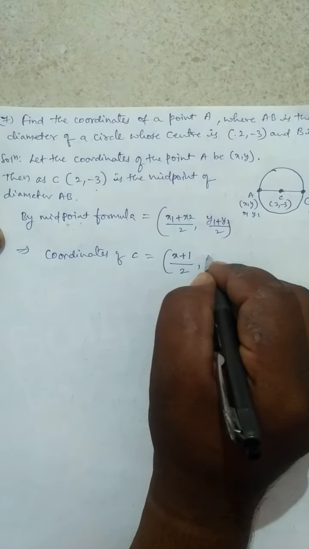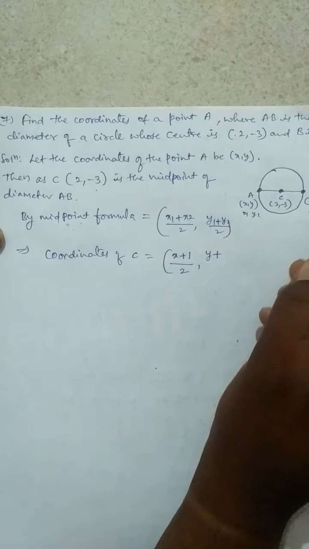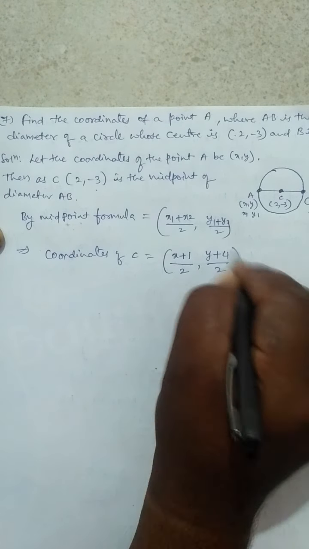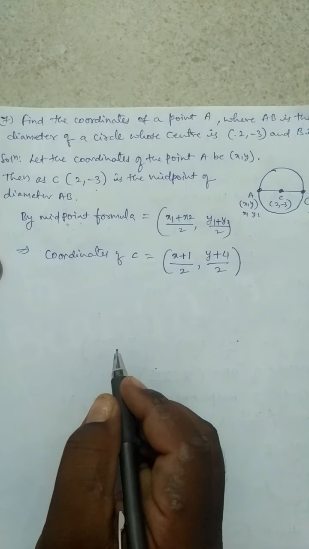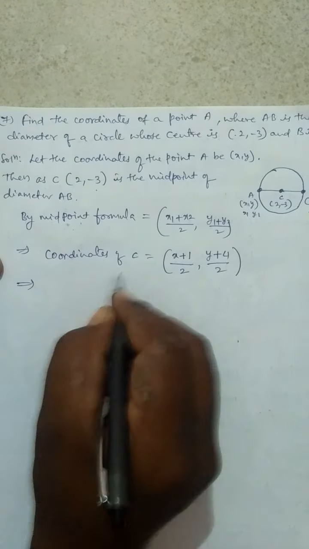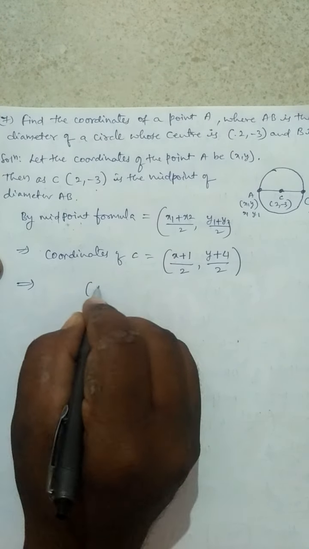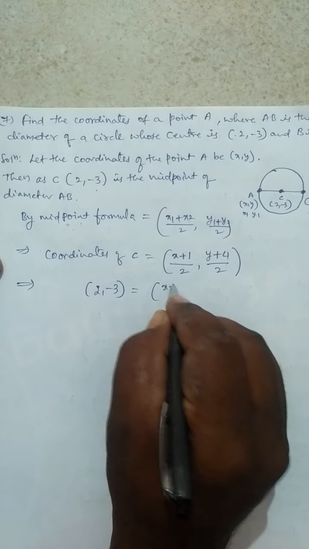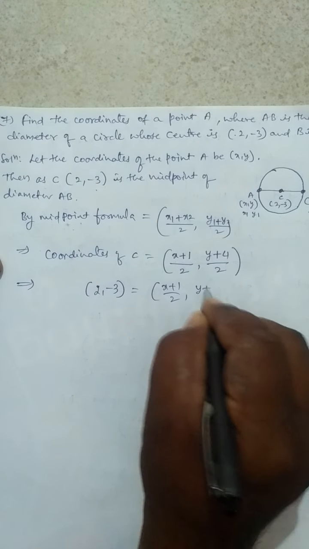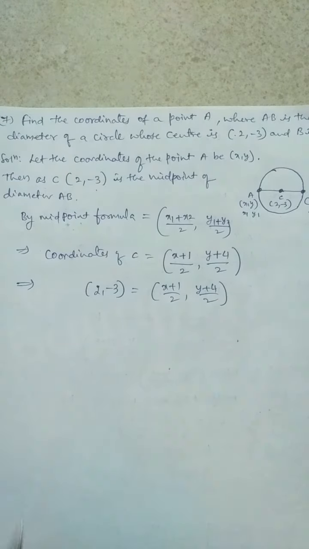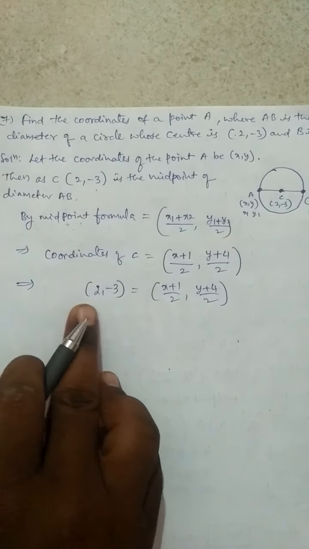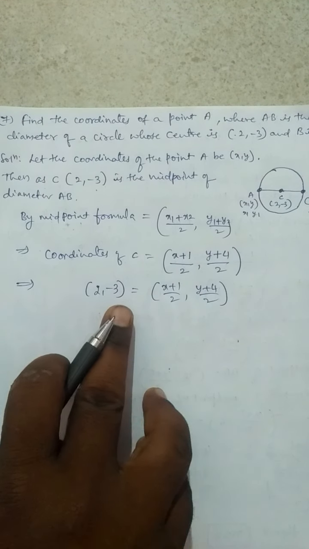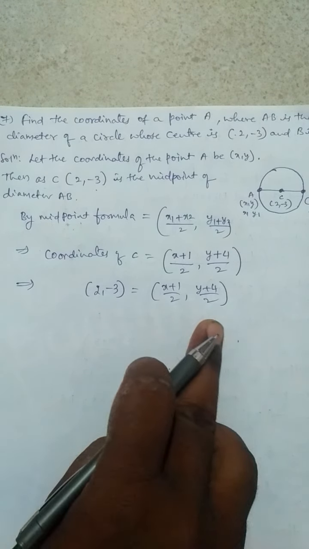Here y1 is y, plus y2 is 4, divided by 2. Now we have to simplify. The coordinates of point C, (2, minus 3), are equal to ((x plus 1)/2, (y plus 4)/2). Now we compare the coordinate of x with x, and the coordinate of y with y.